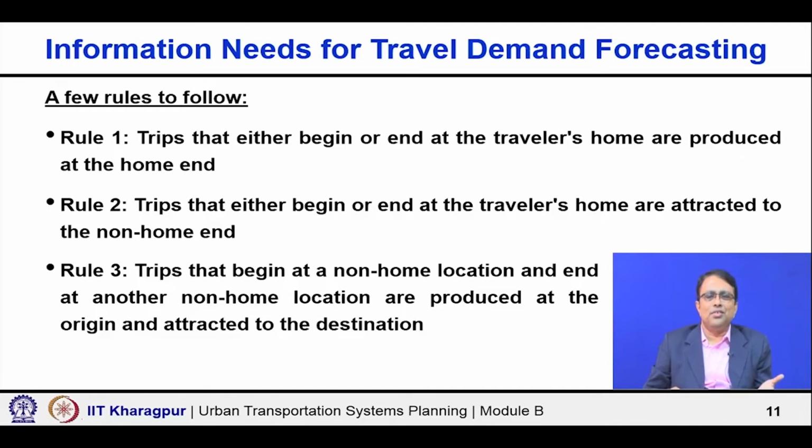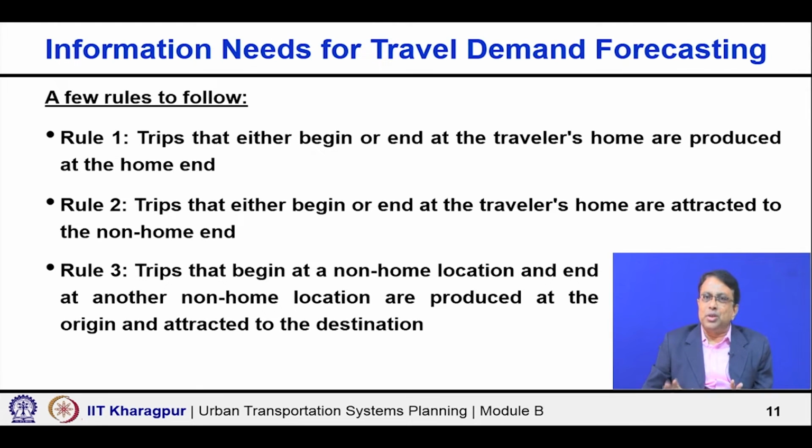So, being it office, being it shopping, being it any other purpose, right. Rule 3 is trips that begin at a non-home location and end at another non-home location.